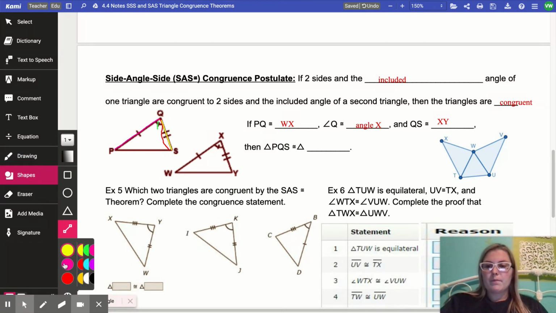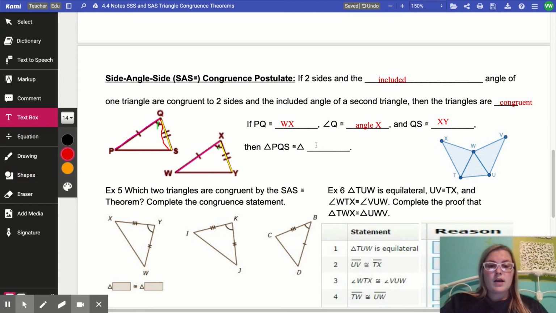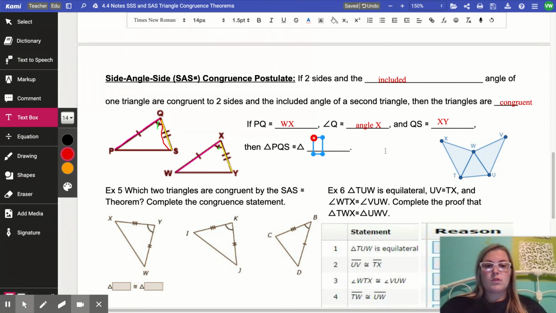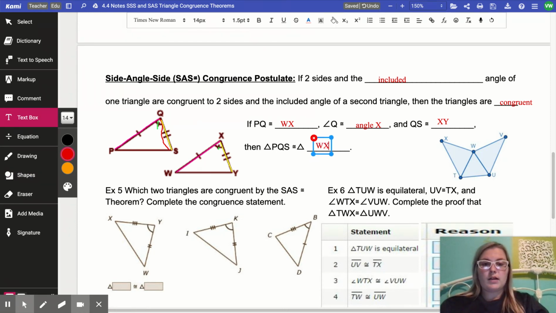So my side PQ, angle Q, side QS, and then I have my side WX, my angle X, and then my side XY. All right, so my side, angle, side are congruent in both triangles. Then triangle PQS is going to be congruent to triangle WXY.